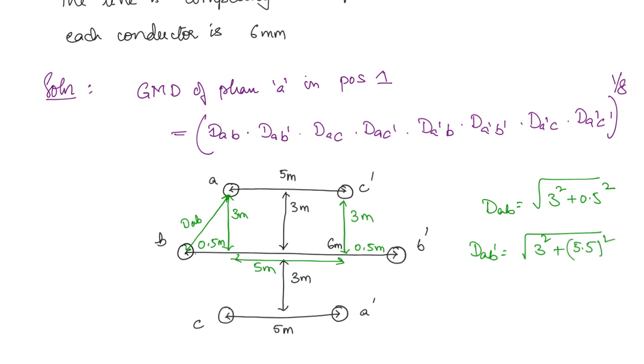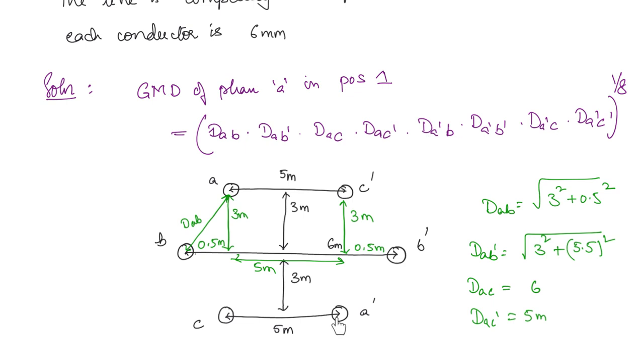Okay. Then what about DAC? A is this and C is this. So this distance is nothing but 3 plus 3. So you are going to get DAC is equal to 6. Then DAC dash. A is here, C dash is here. So DAC dash is already given, which is 5 meters. Okay. And what about DA dash B?